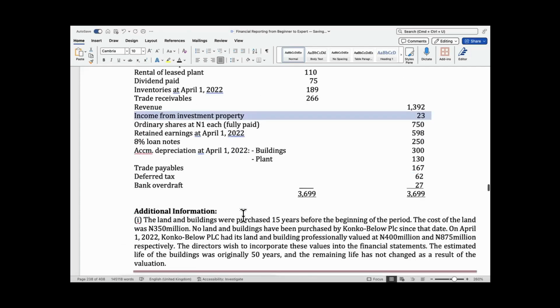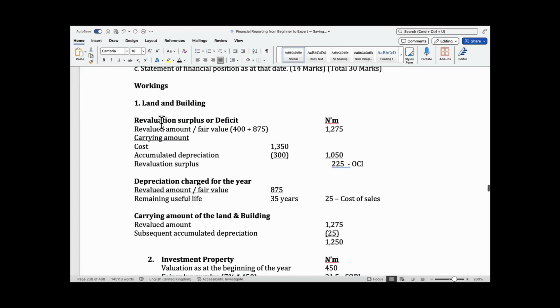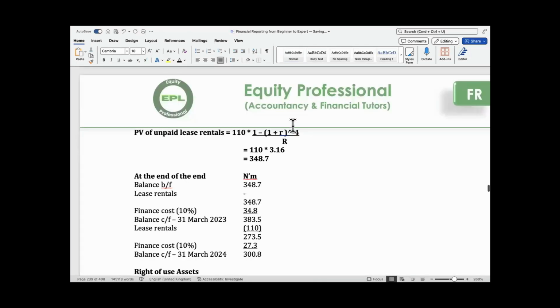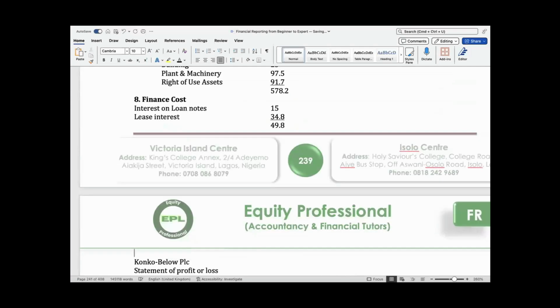And also, there's this fair value surplus that goes into my other income. So technically, I can put a working 9 and have other income, or you can just simply put them as separate line items. There's nothing wrong with that. You put them as separate line items in your statements.